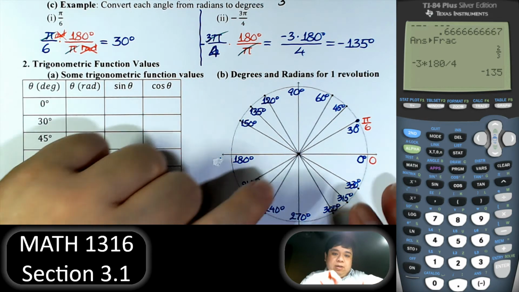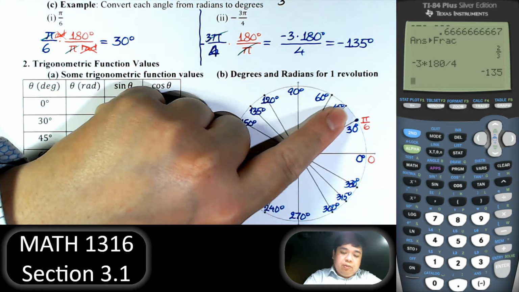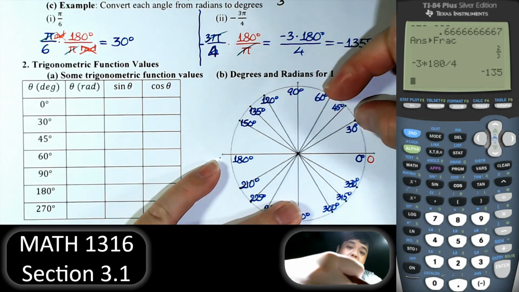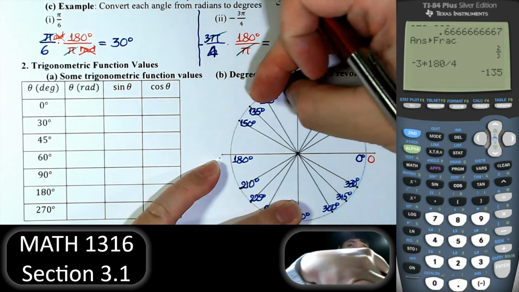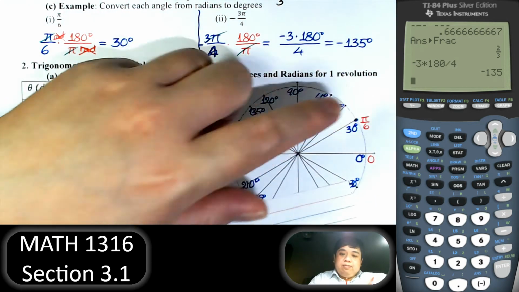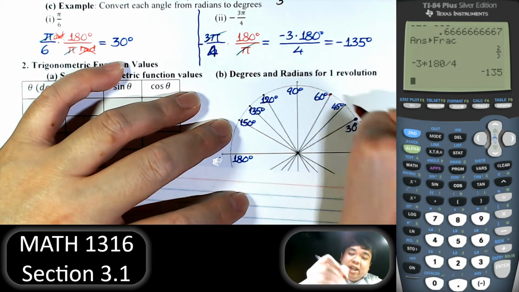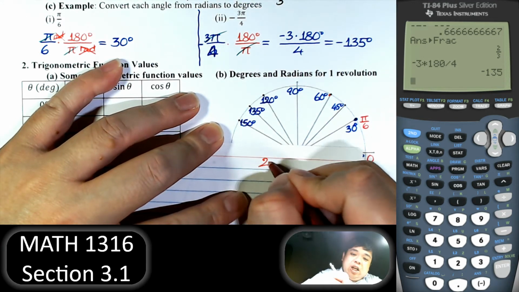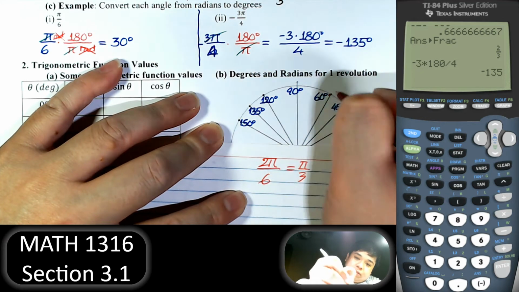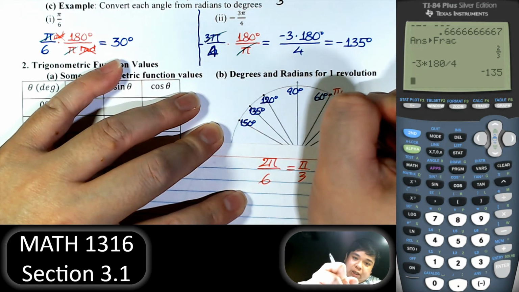Now think about this. This length, one of them, is pi over 6. So we have another pi over 6, another pi over 6, another pi over 6. So let's just say 1 pi over 6. This point will be 2 pi over 6. 2 and 6 cancel out, pi over 3.